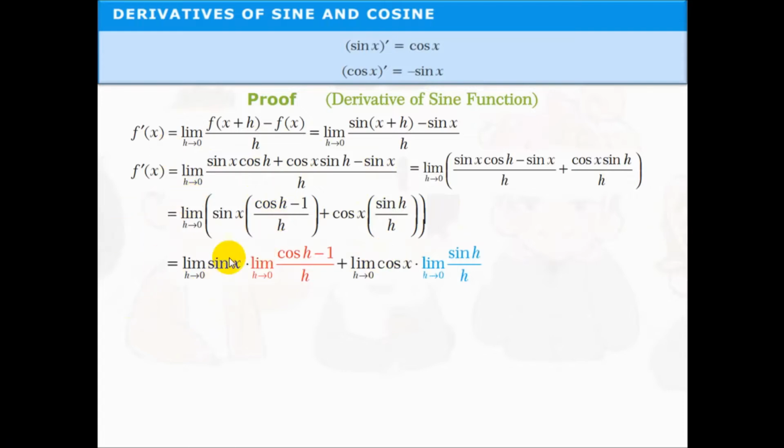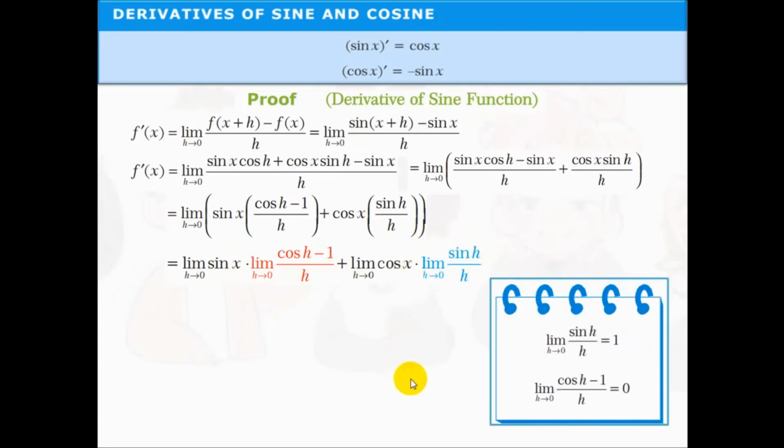And then we get the limit as h approaches 0 of sine x times the limit of (cos h minus 1) over h, plus the limit of cos h times the limit of sine h over h. Remember here, the limit as h approaches 0 of sine h over h is equal to 1, and the limit as h approaches 0 of cos h minus 1 over h is equal to 0.